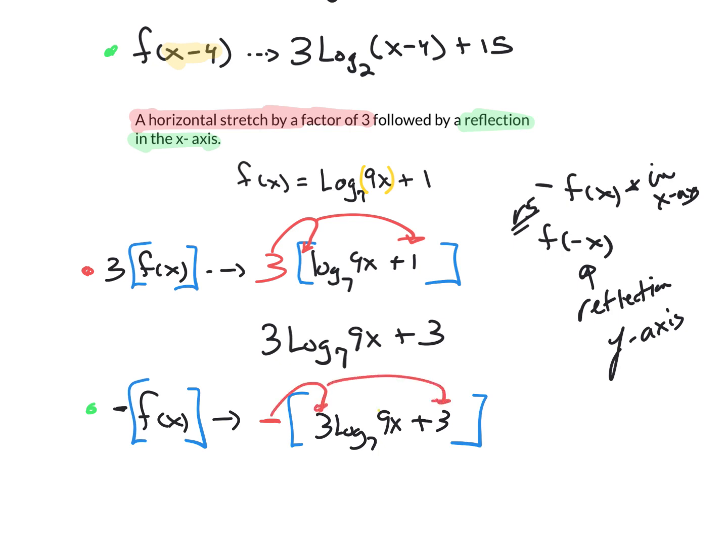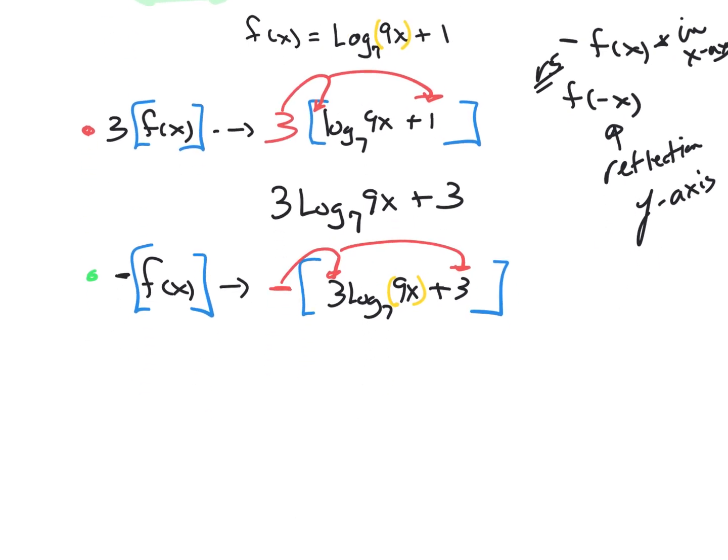Remember, the 9x is inside. That's inside the actual log. So your final answer would be g of x equals -3 log base 7 of 9x minus 3. And if you want to put parentheses around that, you can.